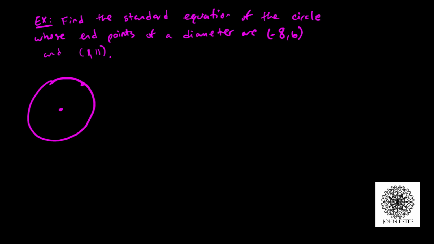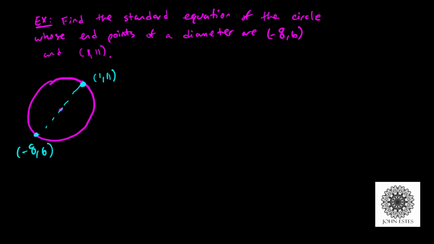I don't know exactly where they are spatially, and that's okay. I'll call this one here (1, 11), and I'll call this one here (-8, 6). I'm trying to figure out what circle has those two points along its diameter.